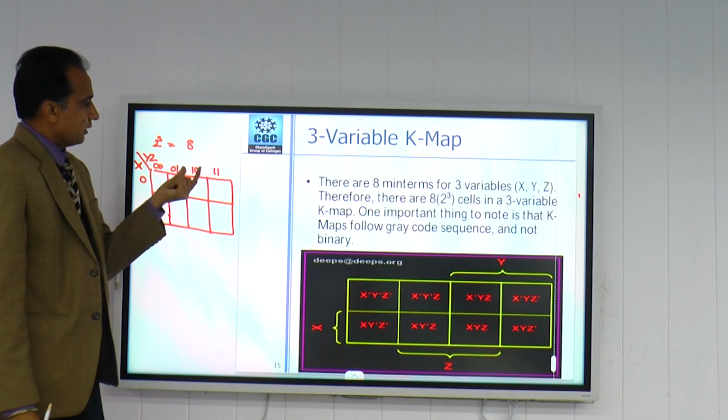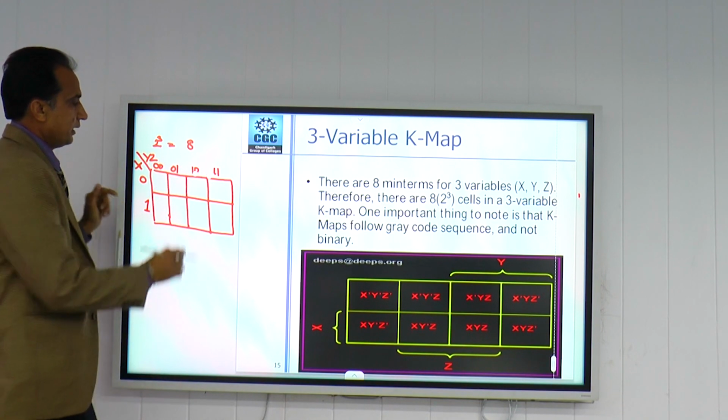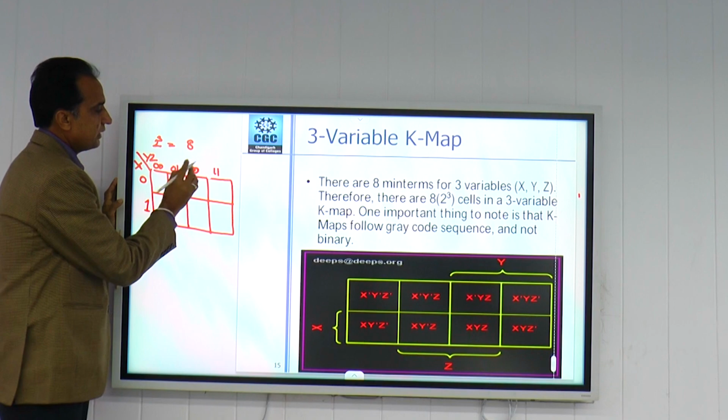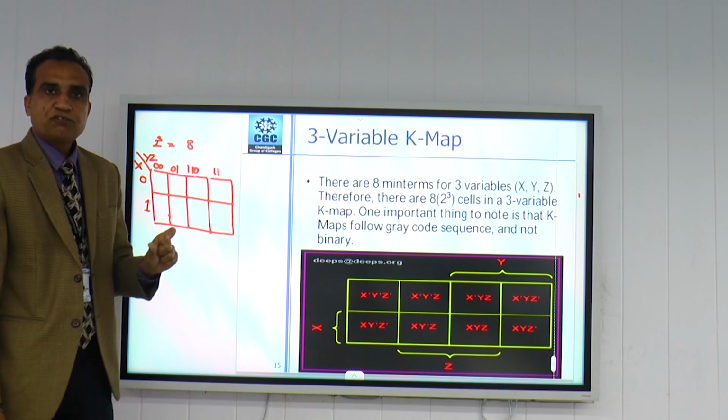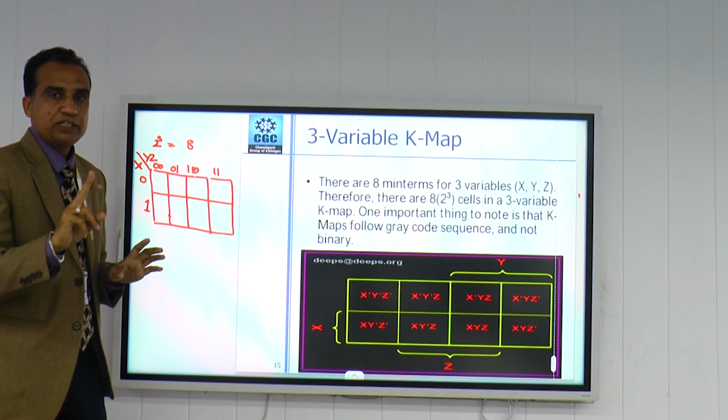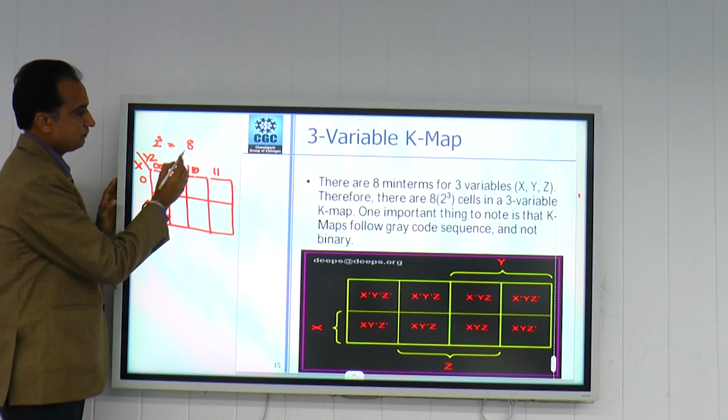Now in this case, there is a condition in the K-map that the adjacent boxes should differ by only one variable.